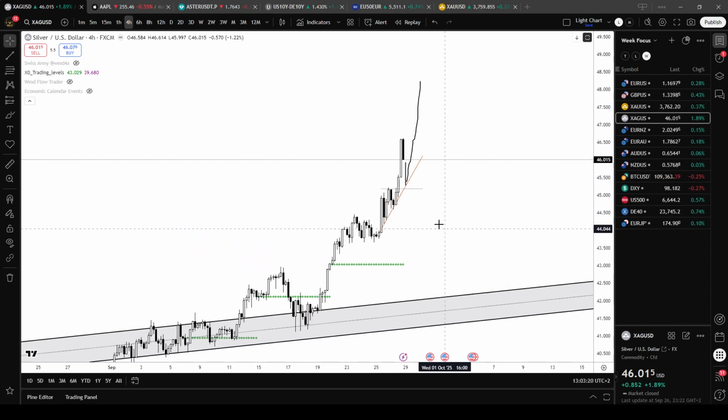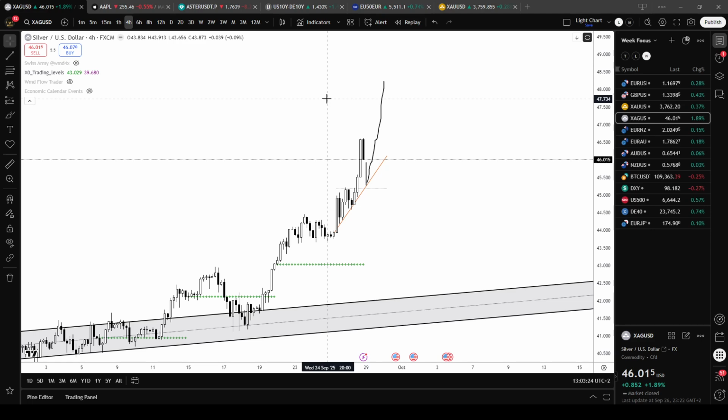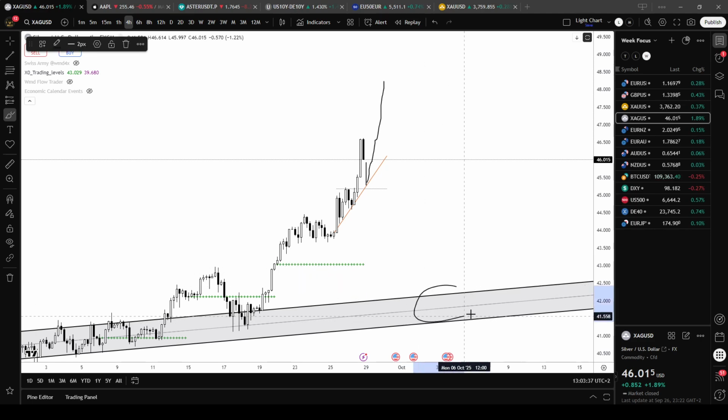So with silver, it's a bit trickier than gold because I don't have the same conviction as to where I don't want to see price trade below. I mean, I don't think price is going to revisit this area here. It's very unlikely in my opinion.